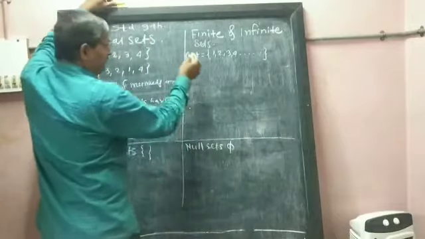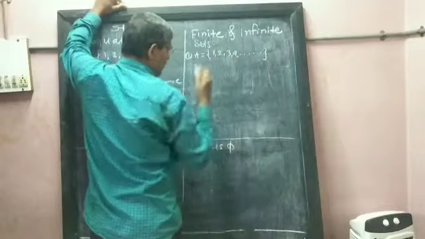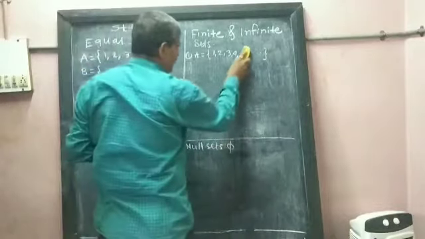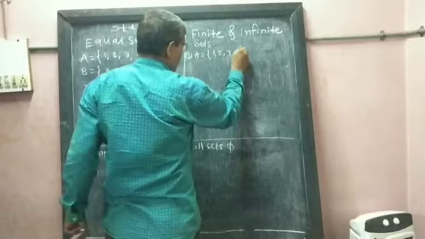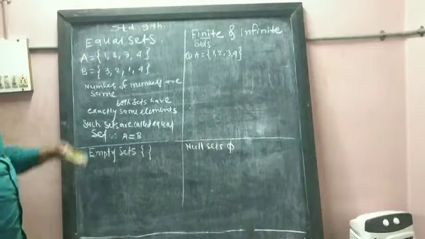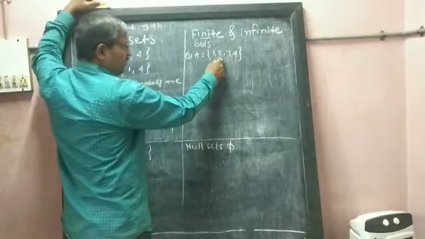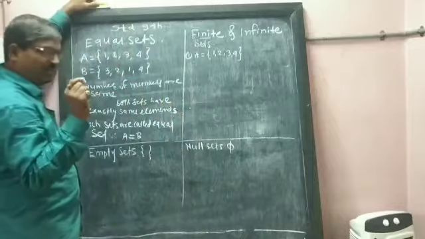But here, okay, I am going to change it later. I will stop here only up to 4, because here I wrote first finite set, so I am going to tell you about finite set. So in set A there is 1, 2, 3, 4, means there is an end to the list.